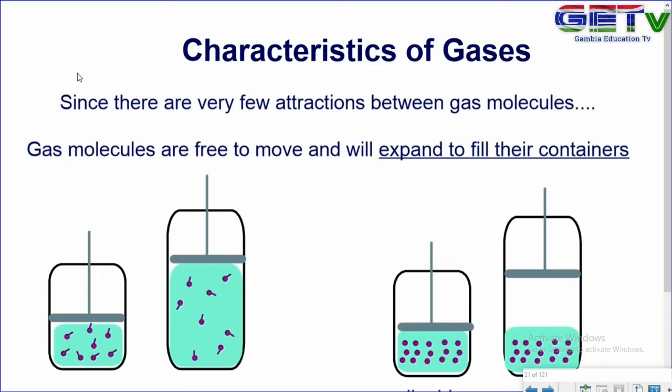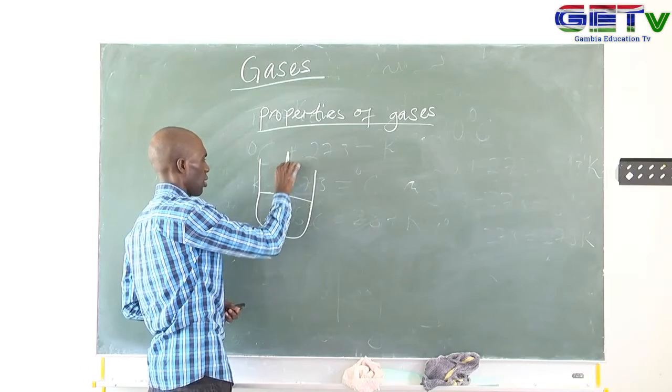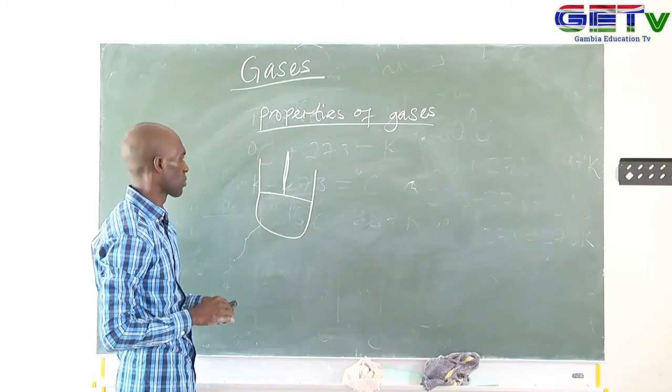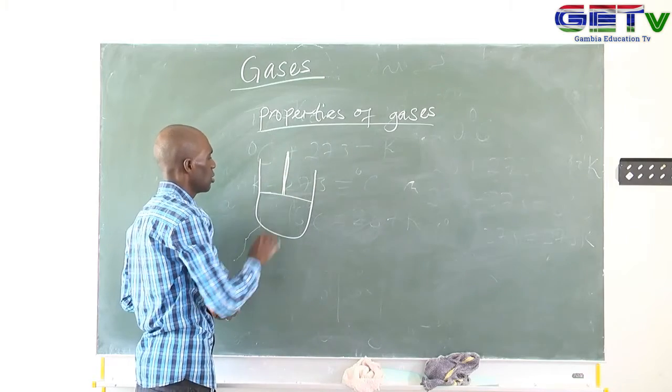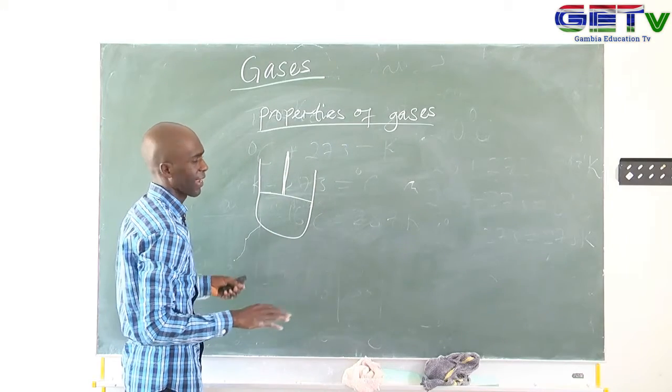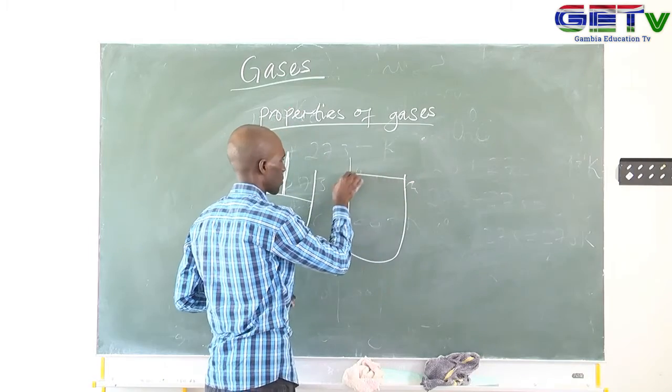For example, if you have a container that has some gas molecules and then a piston placed on top of this, the gas molecules can expand. If they expand, the piston is going to push up.